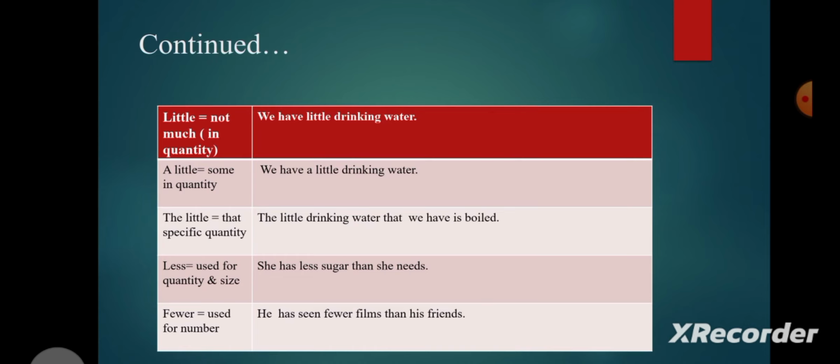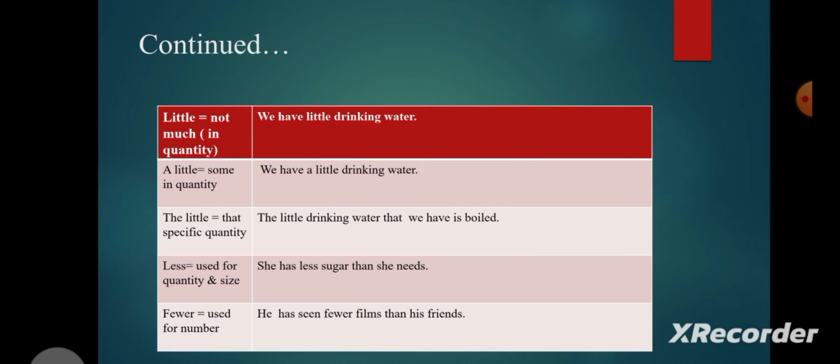We have a little drinking water. There is surely a little truth in your story. Then the little means that particular quantity. The little drinking water that we have is boiled. Where is the little honey that you have bought in Lahore?